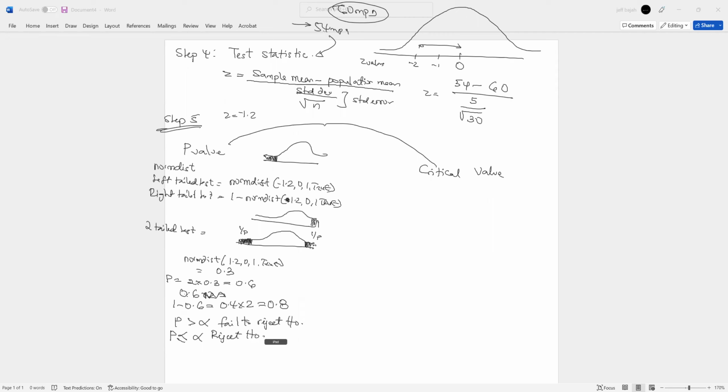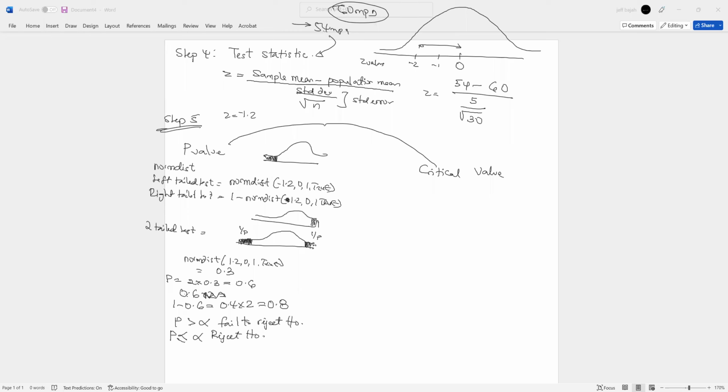And remember, once you reject H sub 0, then by default you are saying that you have enough evidence to accept H sub A. But if you fail to reject H sub 0, that means you don't have enough evidence to do that.